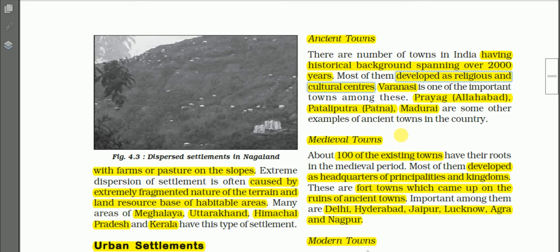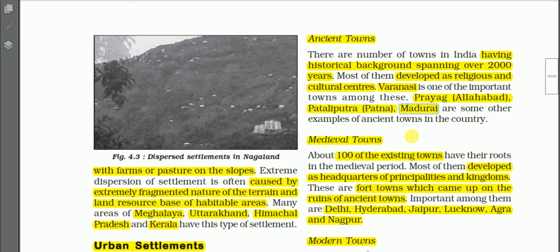Actually, in the ancient days, towns were developed mainly as religious and cultural centers. And so we have examples of ancient towns like Varanasi, then Prayag, now known as Allahabad, Patliputra, now known as Patna, and Madurai. So these are the important examples of ancient towns in India.